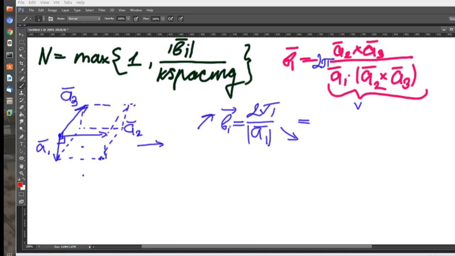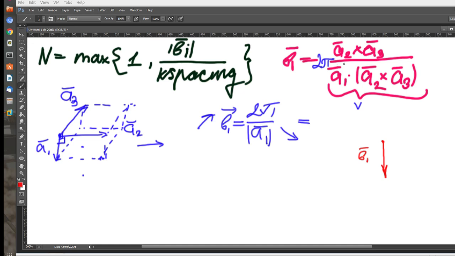It means that b1 should be larger. So they should be parallel here. b1 should be perpendicular to a2 and a3, and it will look something like that. And let's show that b1 is a bit larger than a1.